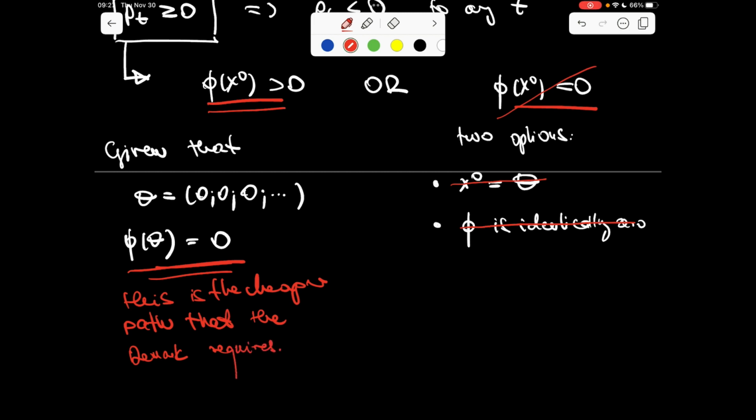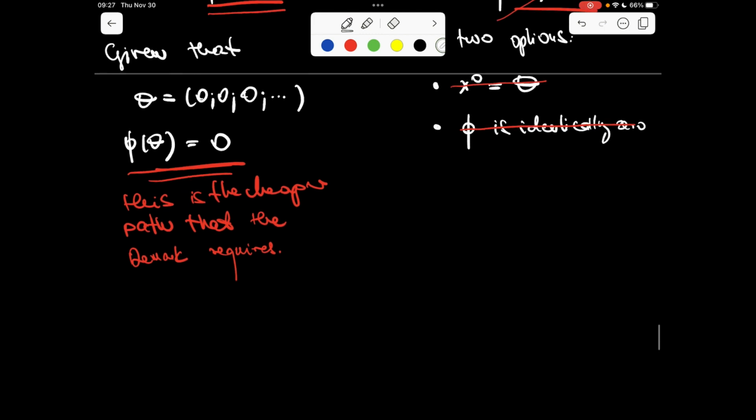So we satisfy all the assumptions underlying the two welfare theorems and the remark. So we have, in sum, the Pareto efficient allocation is a competitive equilibrium.